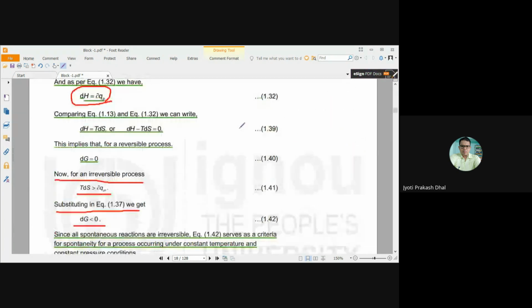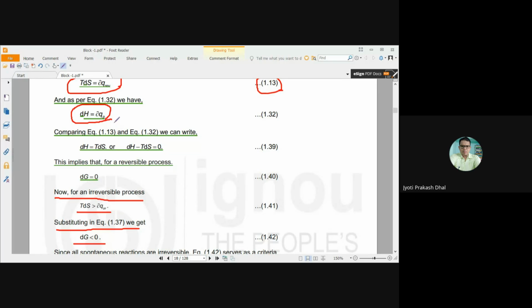Here we are only discussing the reversible process at constant pressure.